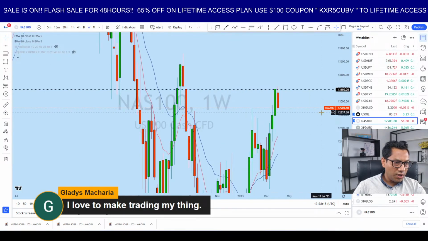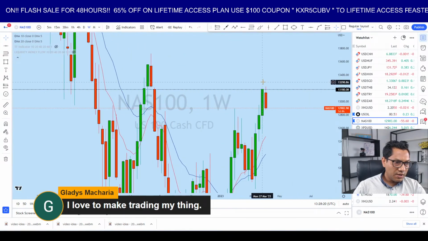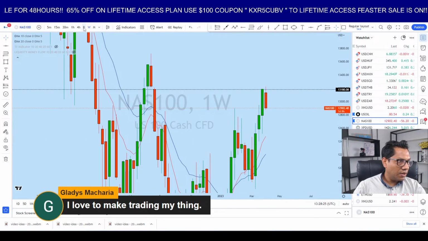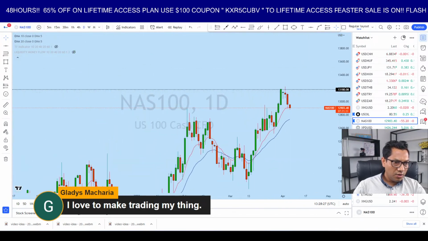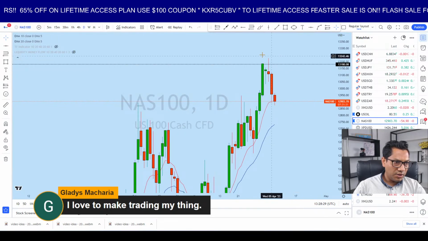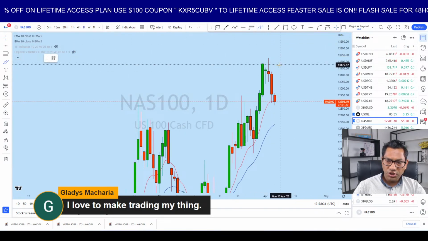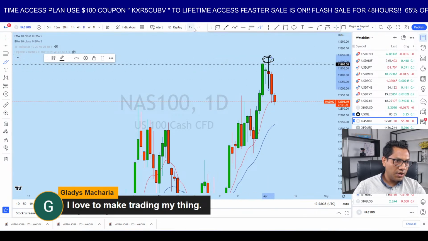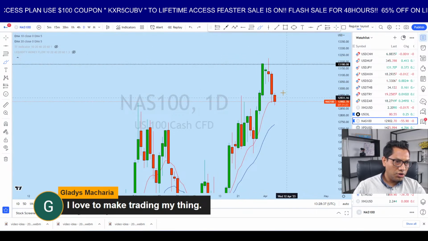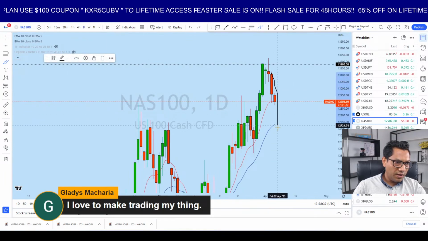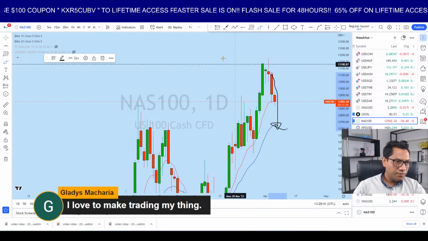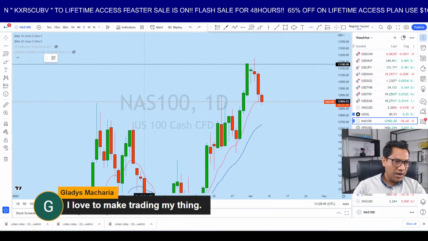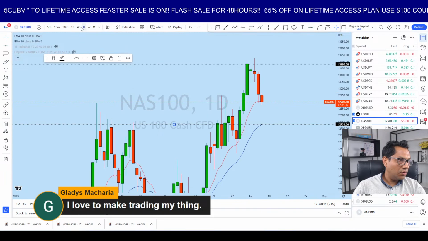If I look at the weekly, the price from the weekly perspective also grabbed liquidity and then came down. On the daily, this candle, the doji, has grabbed the liquidity and then closed as a long doji. From this level the price is now slowly melting, and I think this price will highly likely come down here.